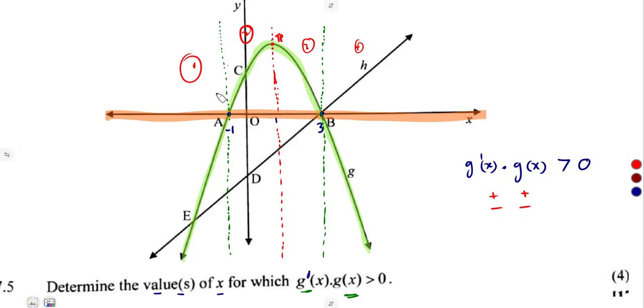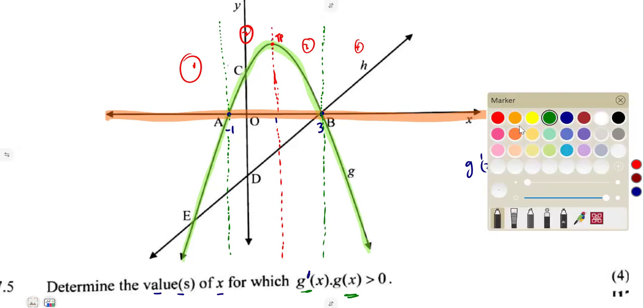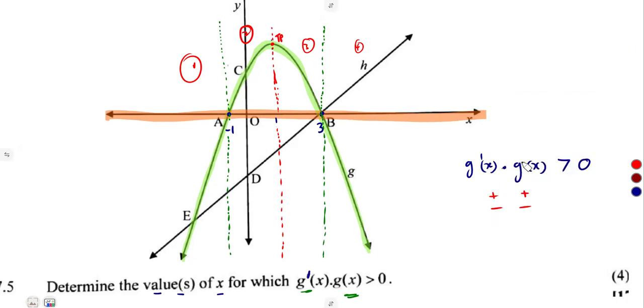So in the first region, I'm going to start with g of x. From -1, -2, to the left, we can see that our g of x is below the x-axis, so that's a negative.